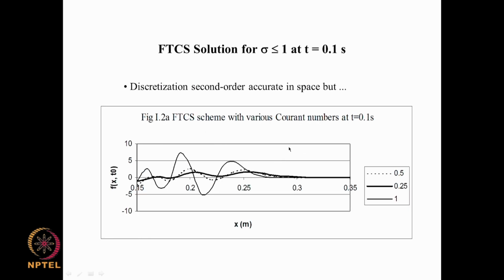And we find that the FTCS scheme, which is supposed to be more accurate, at least for the space derivative, than the backward in space scheme, was actually giving very wrong results even for the Courant numbers in which the FTBS scheme gave somewhat good, acceptable results.